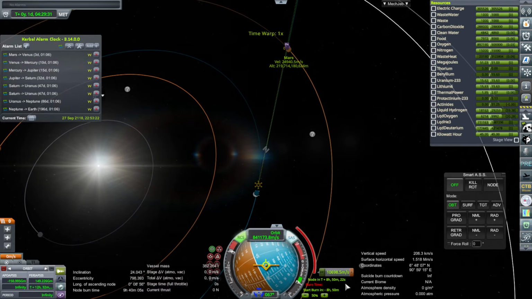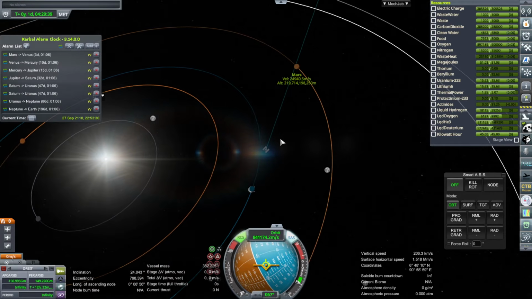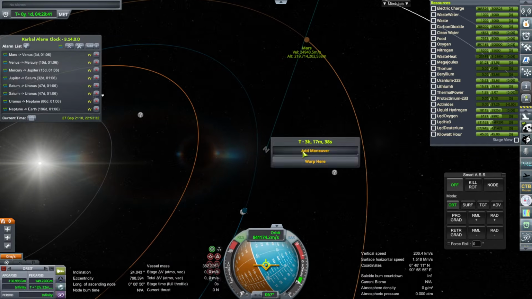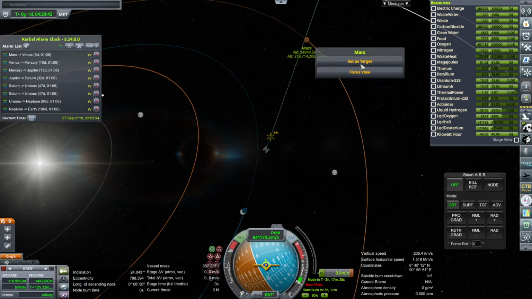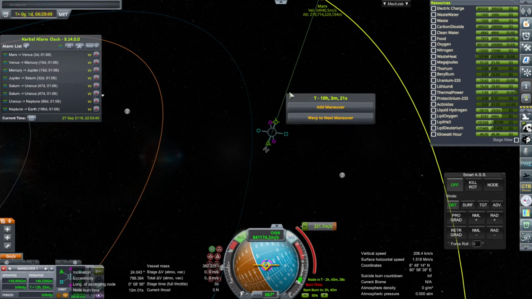Okay, as usual, we're about 10,000 meters per second off. We've done a day and 4 hours worth of burning towards Mars, and it doesn't have our encounter right there. I'm just going to do another burn to fix that a bit. Still going towards it.